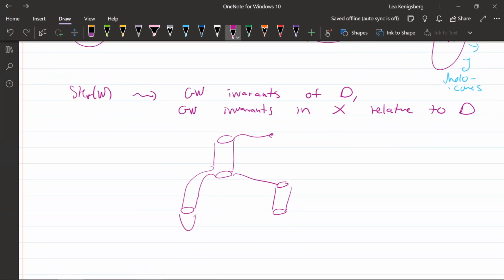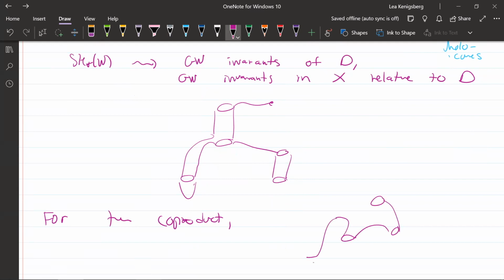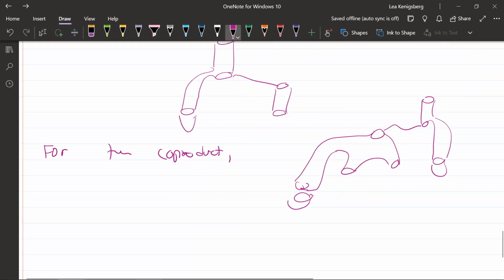And I show that for the coproduct, in general, one needs to look at curves that could have many augmentation planes and many levels, but in fact you only need to consider the simplest configuration.